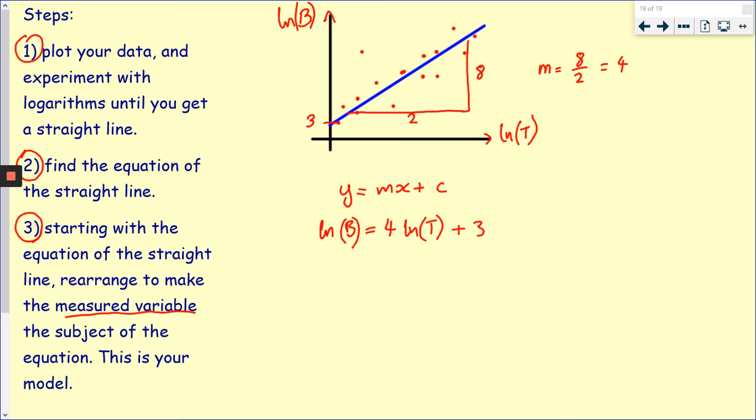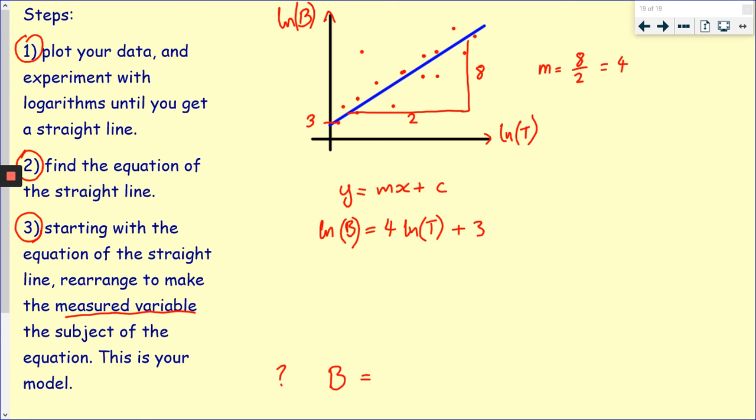Okay, so now what we want to do is rearrange this until we've got an equation where B, the brightness, how bright will this object be if I raise it to a particular temperature? That's the question.